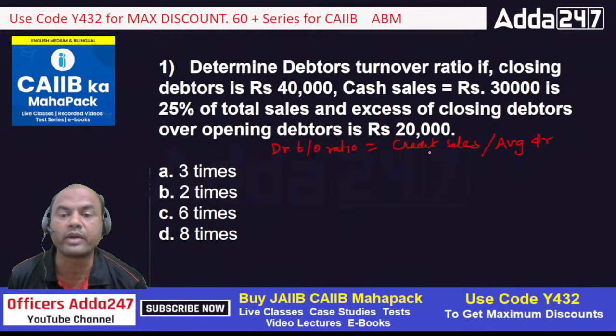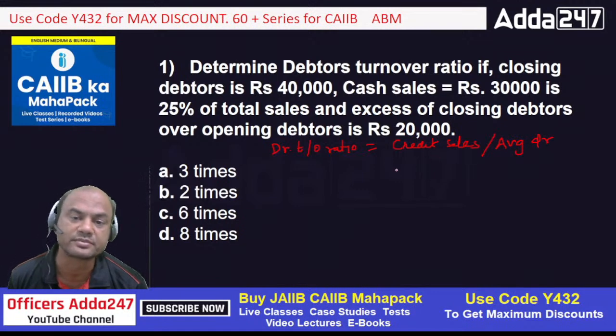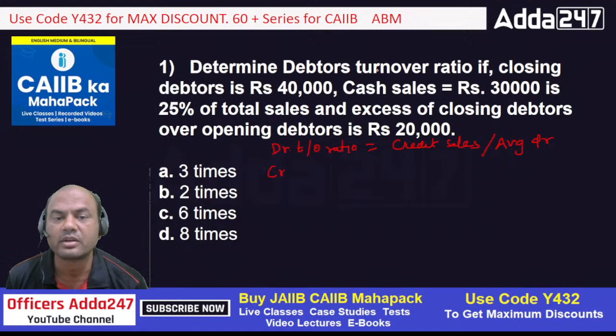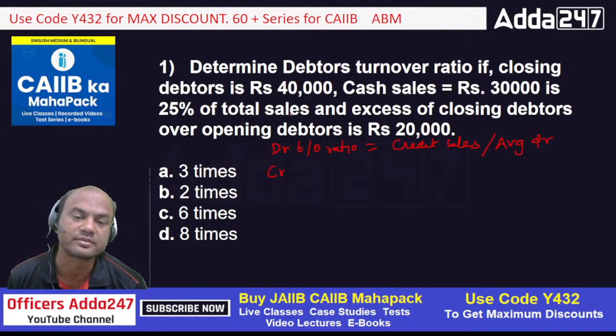Now how to find these two figures? Credit sales: how to find the credit sales over here? Closing debtors is given, cash sales is given as 30,000, and that is 25% of the total sales.